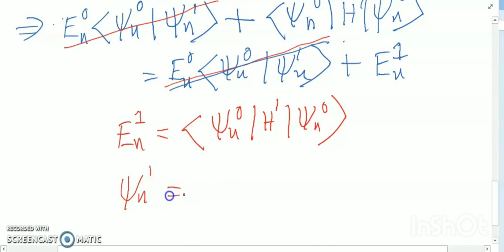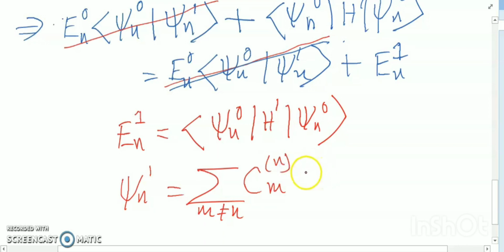So psi n1 can be written as the summation over m not equal to n of c_mn psi m0.